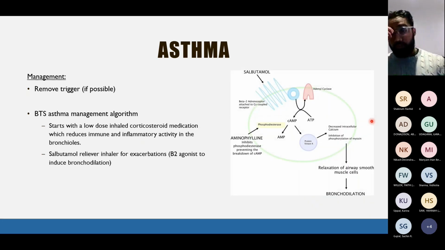And then a quick overview of how salbutamol actually works. It binds to the beta-2 adrenoceptors, you get increased cyclic AMP levels, which then leads to a calcium pathway and phosphorylation, and that eventually just leads to relaxation of the smooth muscles.